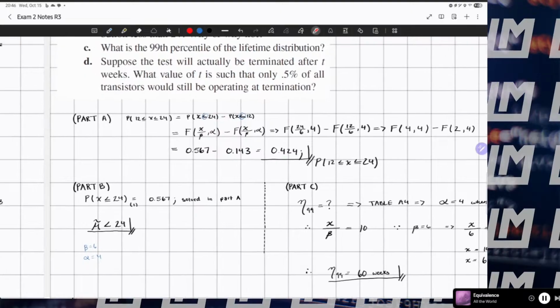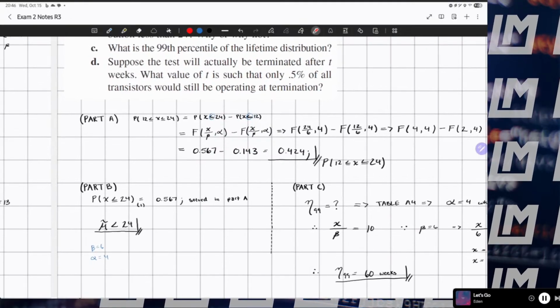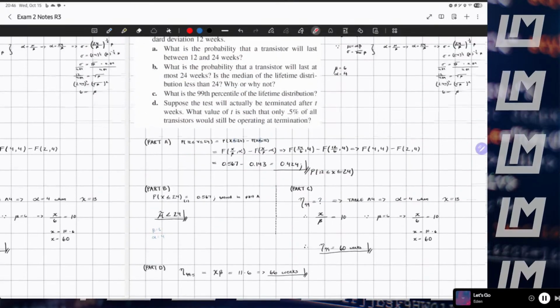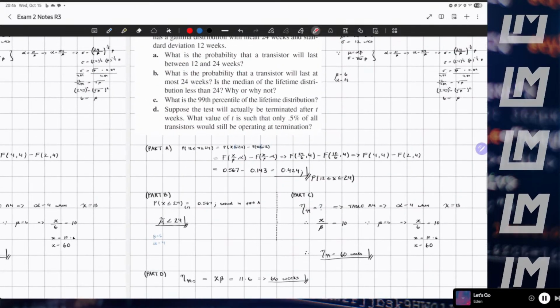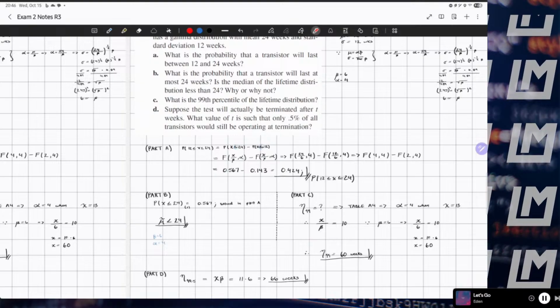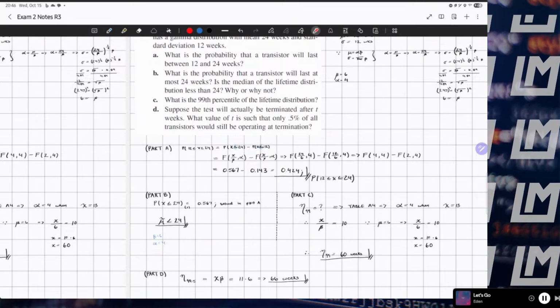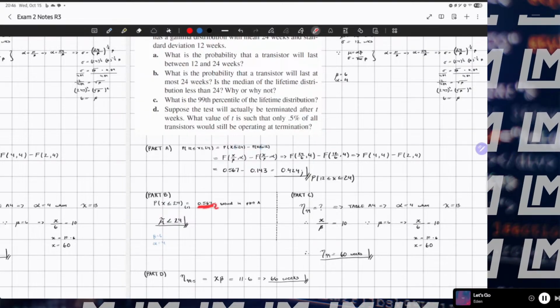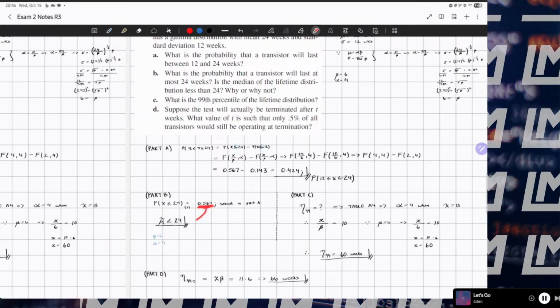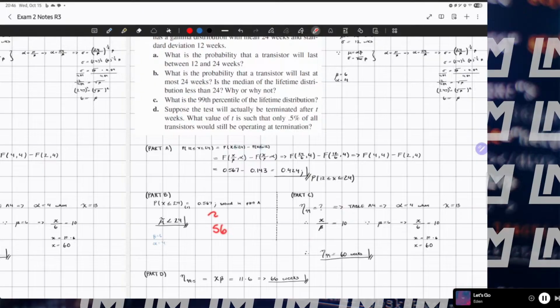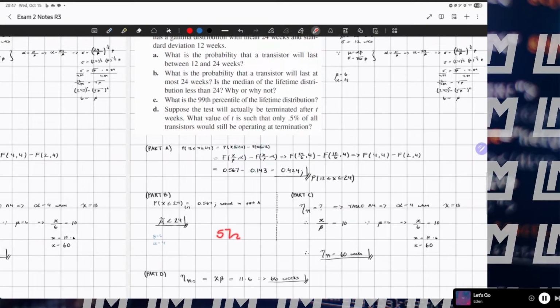And the mu, how did I get the mu? Oh, so the mu. Since this is the probability, it's technically on the 56th, or if you round up, the 57th percentile.